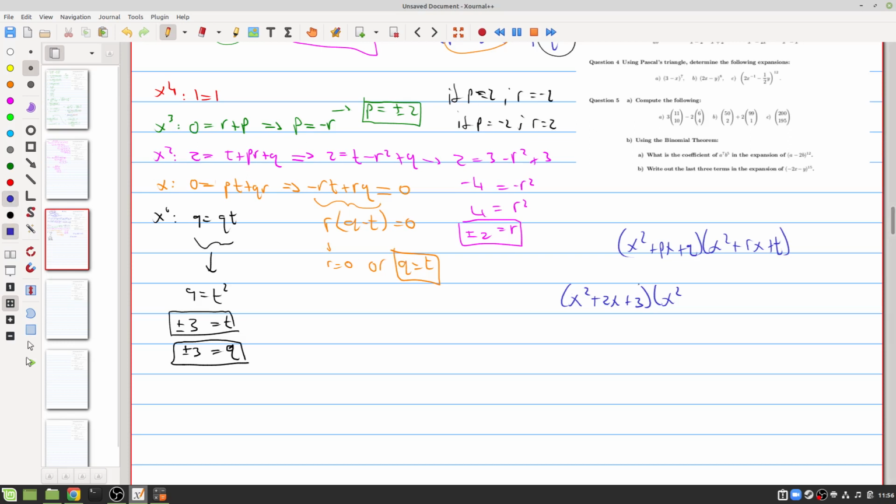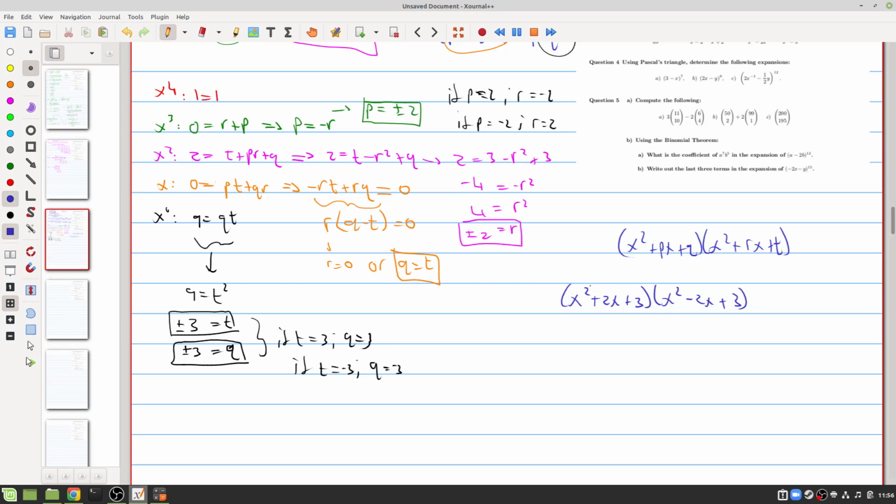So since we chose p to be positive 2, then r must be negative 2. And then t is the same as q. So let's also do this here. If t equals 3, then q equals 3. If t equals negative 3, then q equals negative 3. Okay, so t must be the same as q, so it must be plus 3. So that looks like that's our answer.